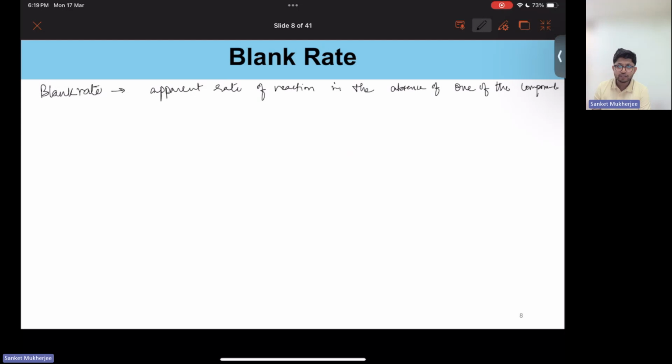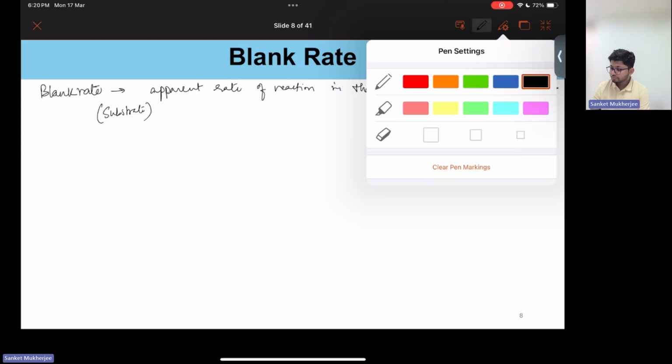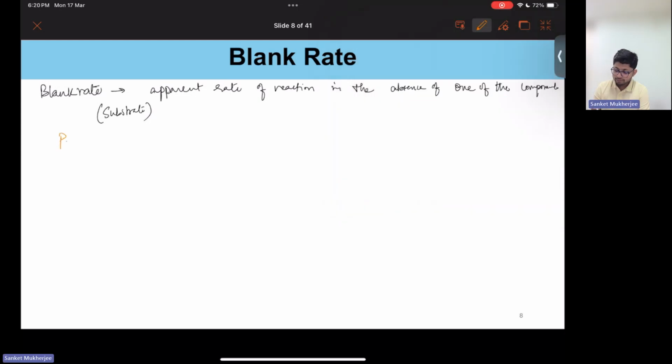And in most cases, it is due to the substrate being absent, but there could be other blank rates as well. So again, what could be the potential causes for a blank rate?